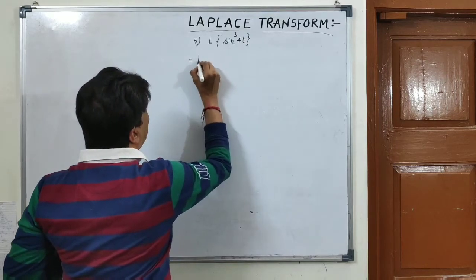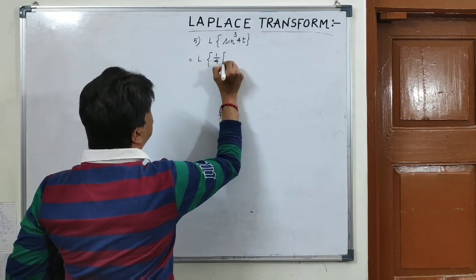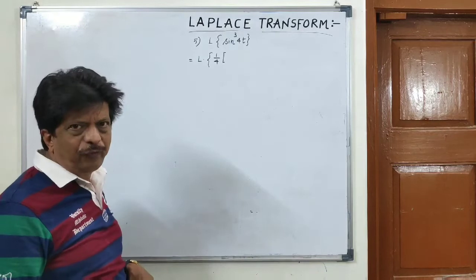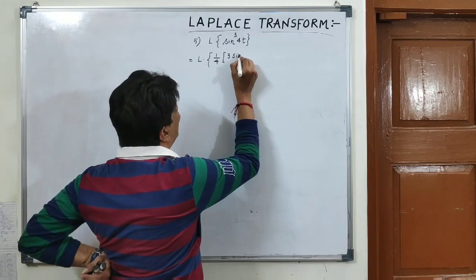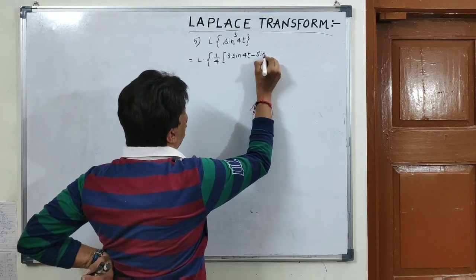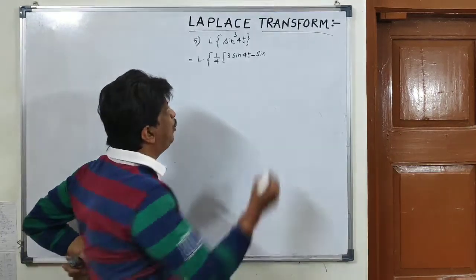That is equal to Laplace transform of 1 by 4 times 3 sine 4t minus sine of 3 times 4t, which is 12t.